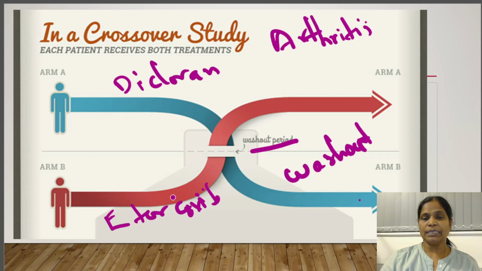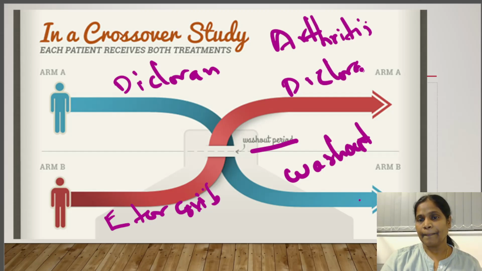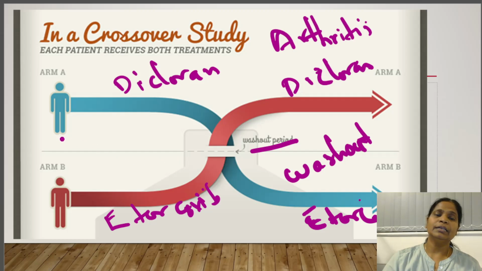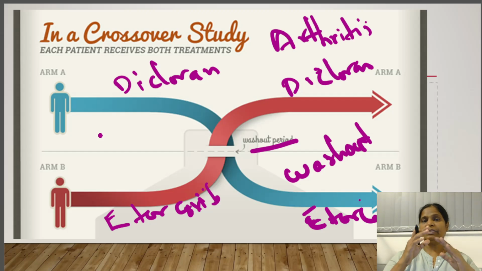After being treated with etoricoxib and after the washout period, the second person is treated with diclofenac, and the first arm A person is treated with etoricoxib. So arm A person is treated with diclofenac for a certain amount of time, then given some space, then treated with etoricoxib.